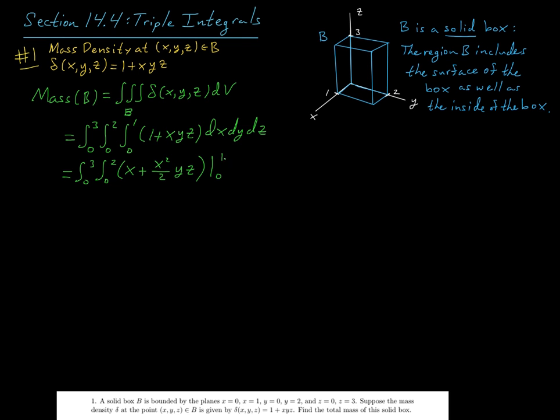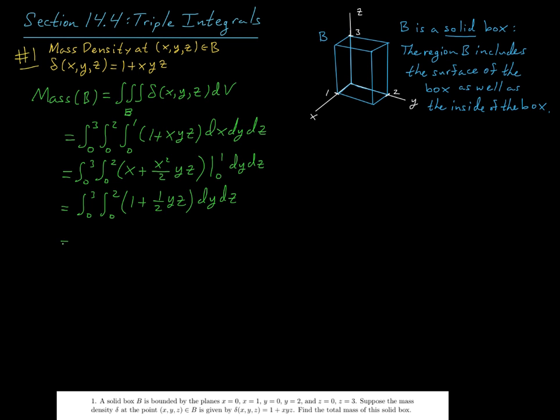Now evaluate from 0 to 1, and we still have our dy dz. That gives us 1 plus 1/2 yz when I plug 1 in for x. And when I plug 0 in for x, I just get 0, so that's it.